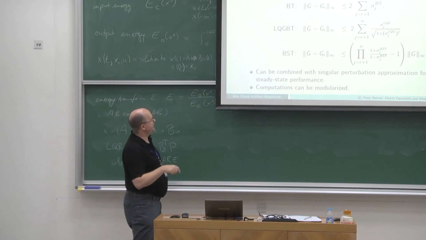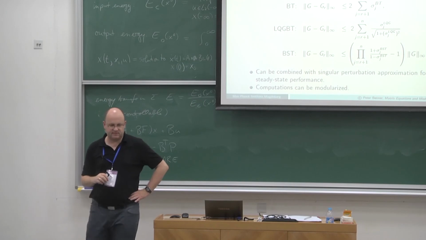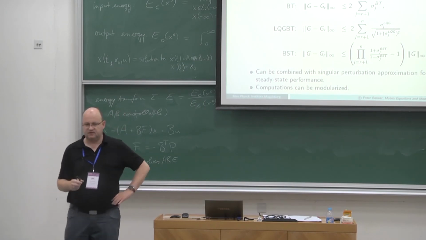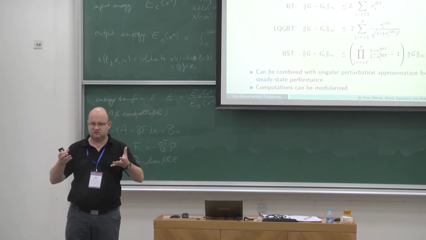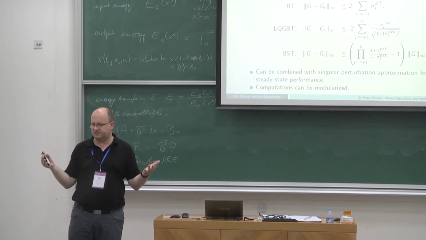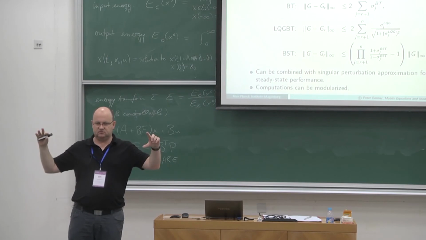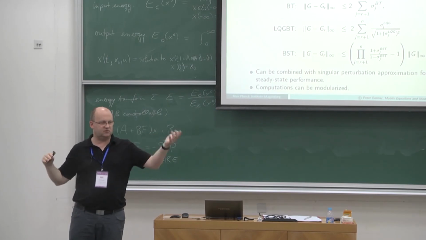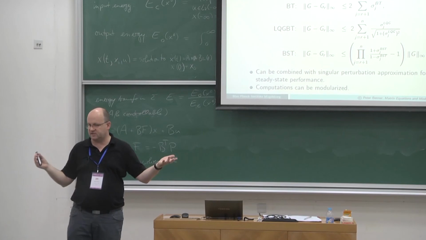They all can be combined with singular perturbation approximation. Obviously, you apply the balancing procedure based on the gradients that you have used in the method. And then you get your new system in balanced coordinates, and then you apply the singular perturbation approximation procedure.